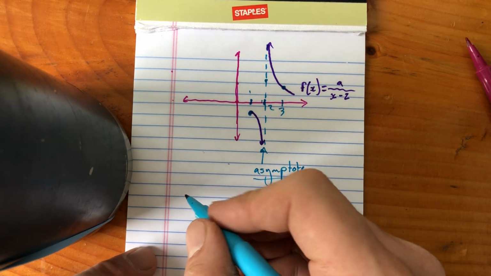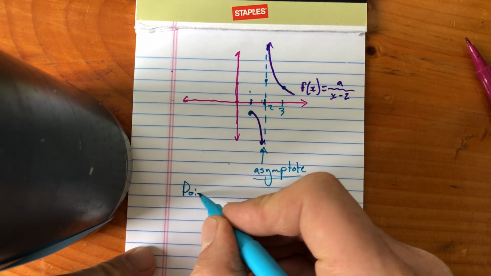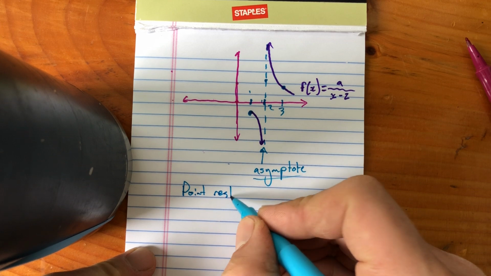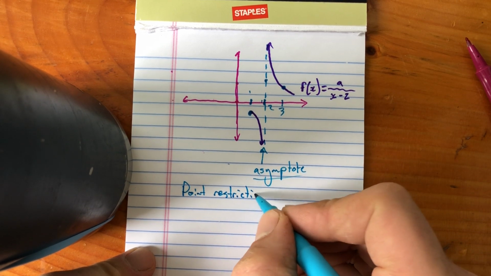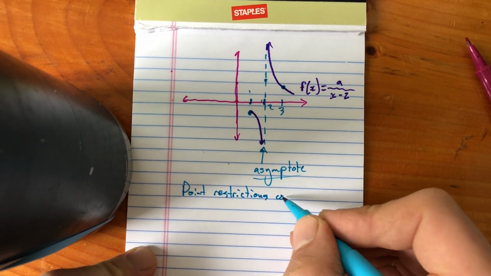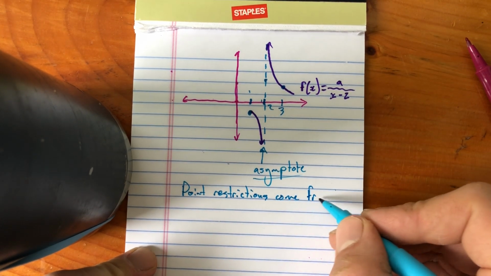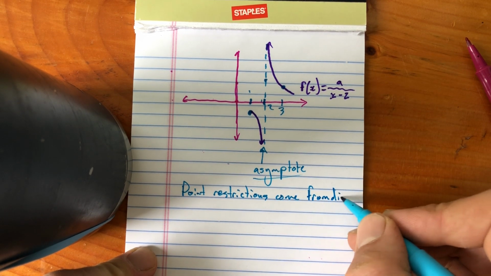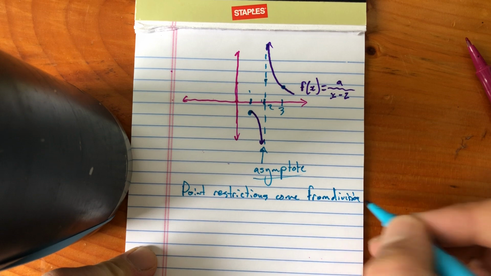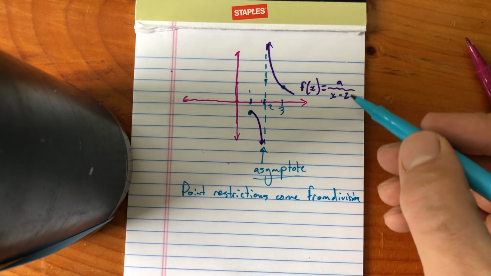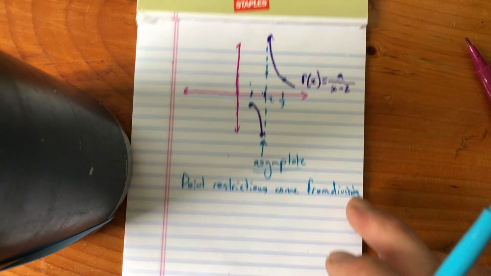So point restrictions tend to come from division. Which means to have a point restriction, usually you have to have some sort of rational function.